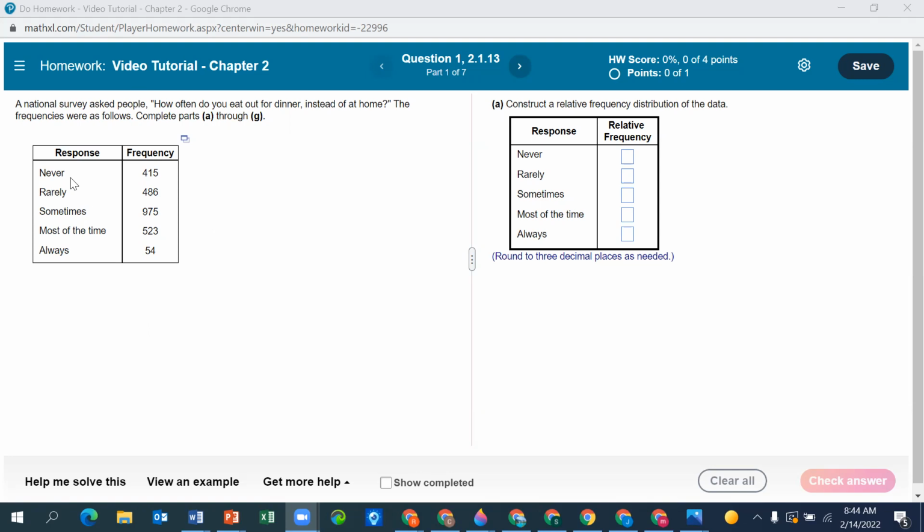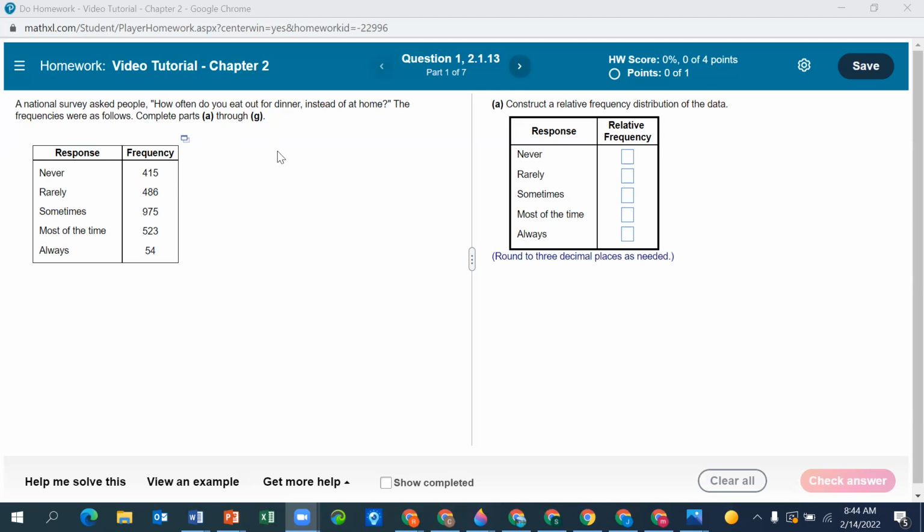Never, they say they never eat out, 415 of them; rarely, 486; sometimes, 975; most of the time, 523; and always, 54. So if you notice, they've given me a frequency table.